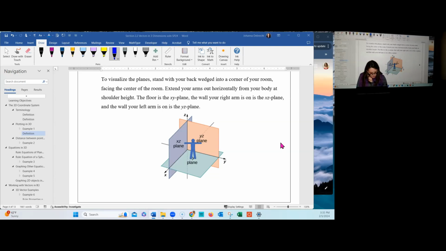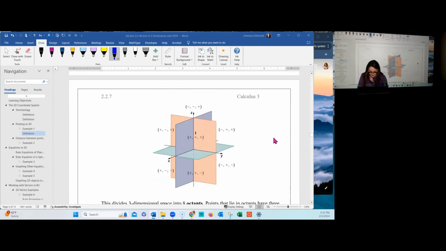So let's take a look at what this looks like in terms of signs. When we're looking at the signs of everything, if you're in octant 1, you've moved positive X, positive Y, and positive Z. So every coordinate is positive: positive, positive, positive. If you've gone so that you're behind the screen, but you've moved to the right and up, then you have a negative, positive, positive.